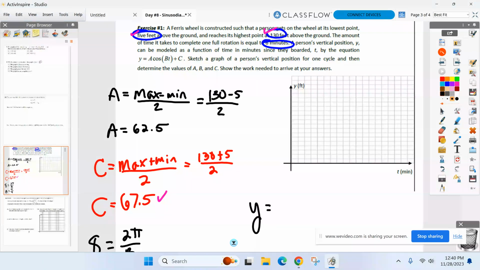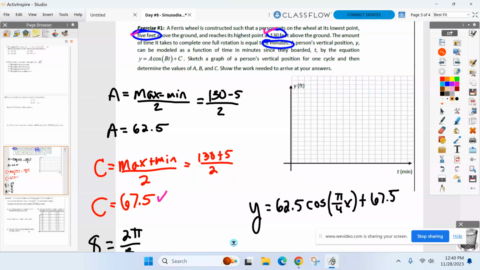If I did the equation, it'd be y equals 62.5 cosine pi over 4x plus 67 and a half. Yeah, and you're correct. I would do 62 and a half plus 67 and a half, which gives me 130.